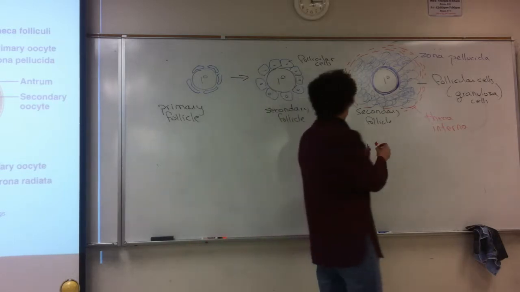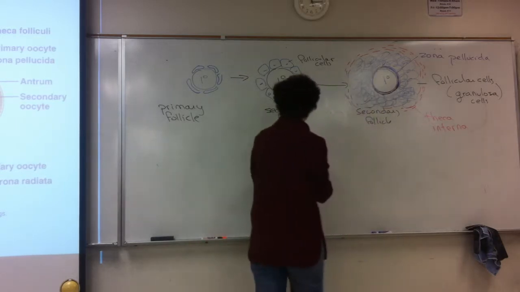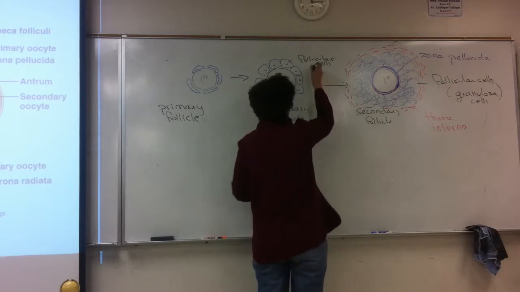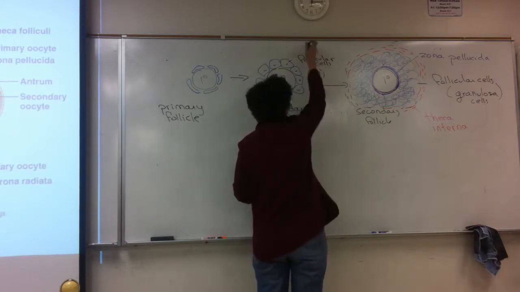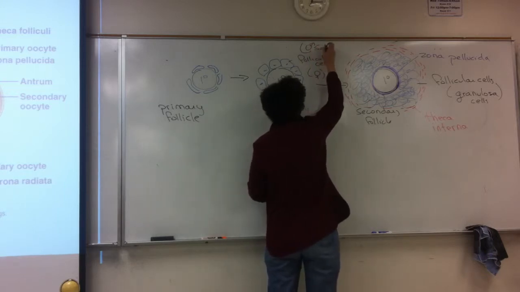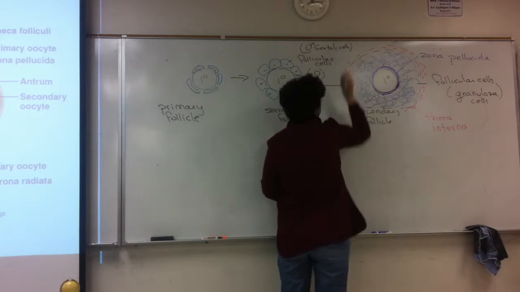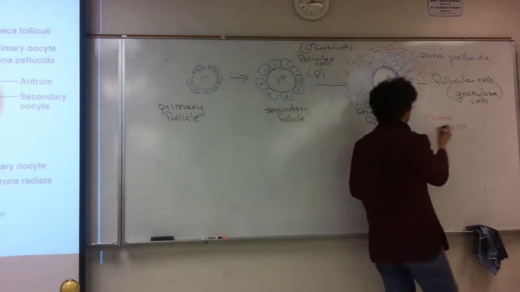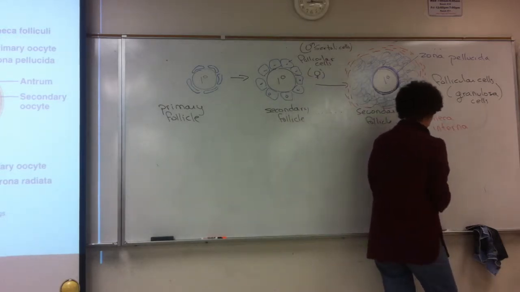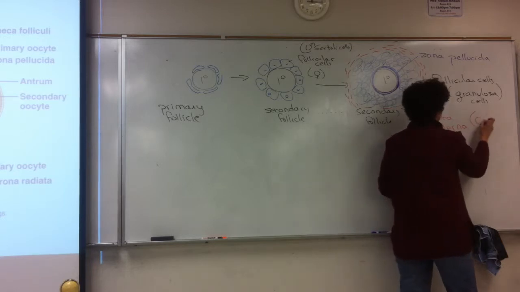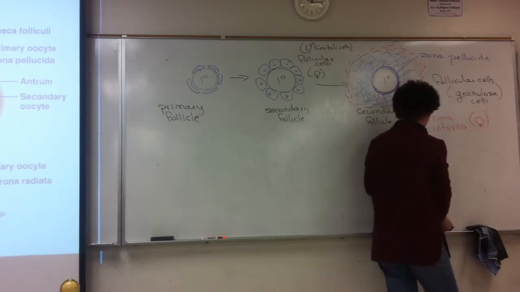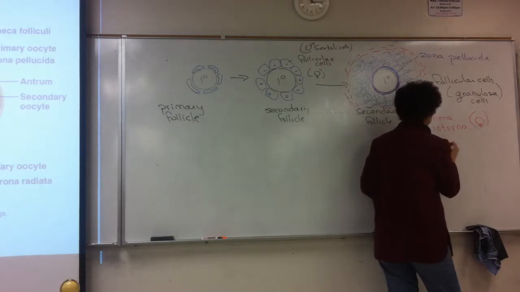All right? So in the male, these of course are in the female. In the male, these would be the Sertoli cells. In the male, these would be the Leydig cells or interstitial cells.